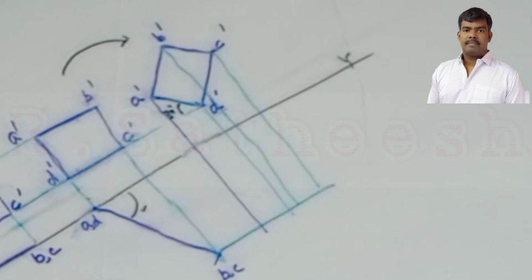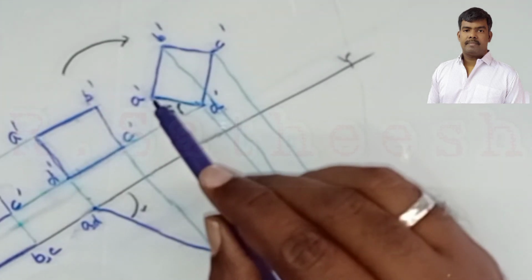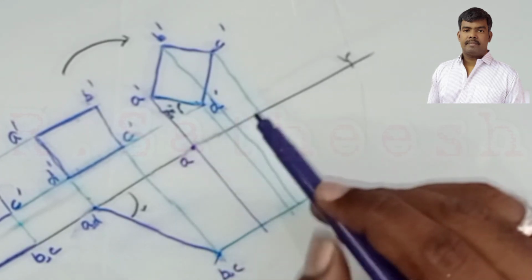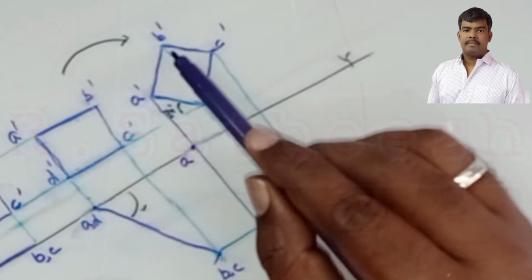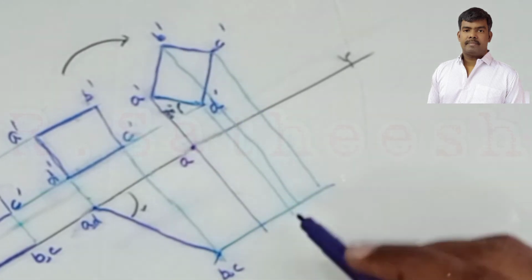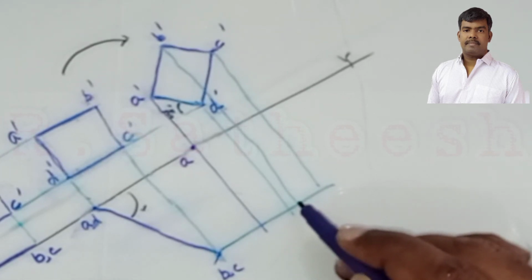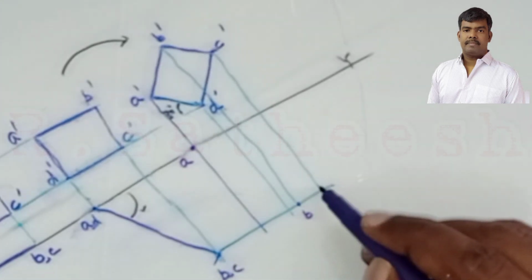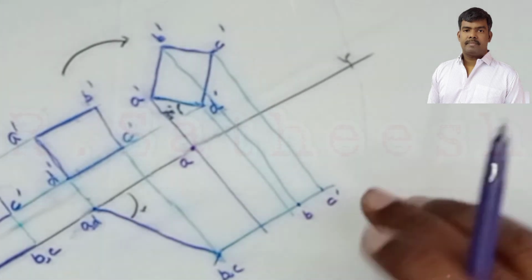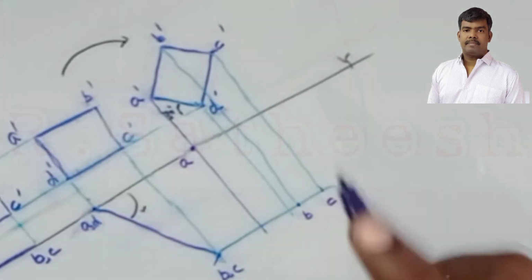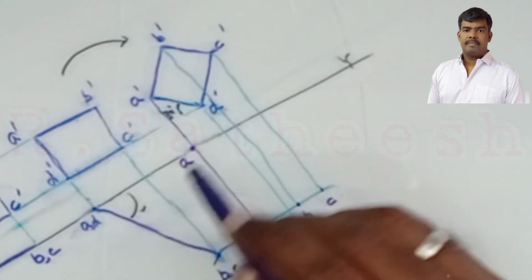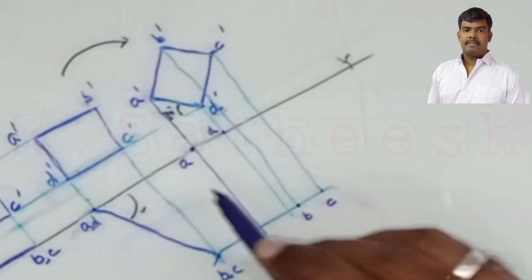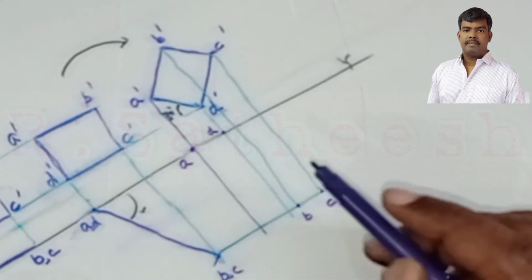Now where are A and B? This is A versus A, this is point A. Next B and B, this is point B. Next C versus C, point C. Next D and D, point D. Now you join A, B, C, D, and finally we get the figure.